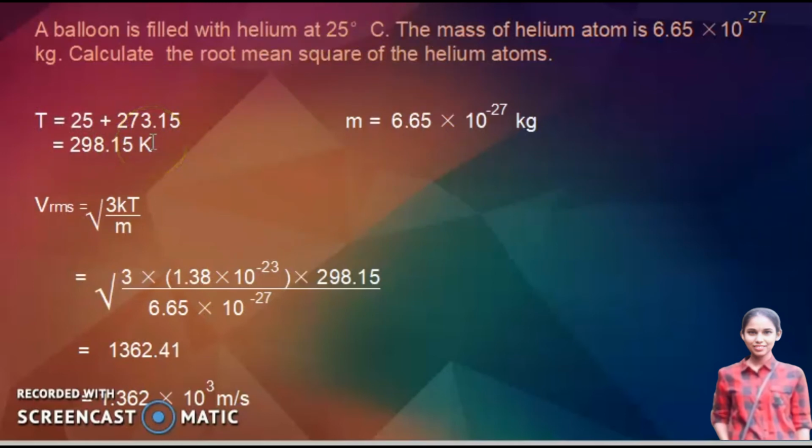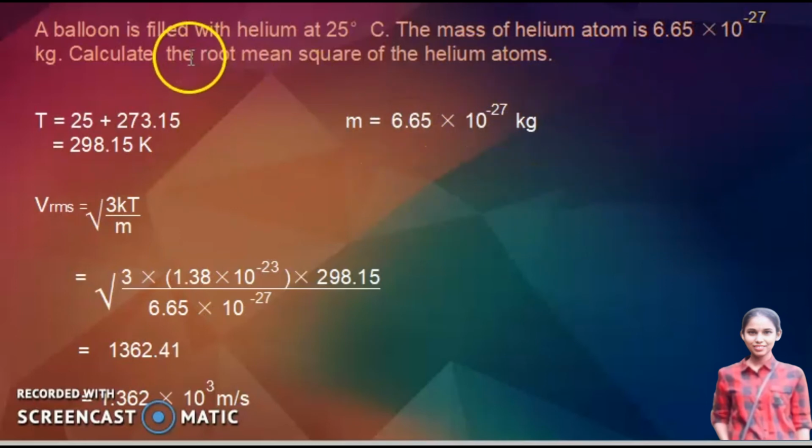We must add 273.15, then we get the temperature in Kelvin. Other than that, we have the mass of helium atom, 6.65 times 10 to the power of negative 27. They already give the mass of helium atom.